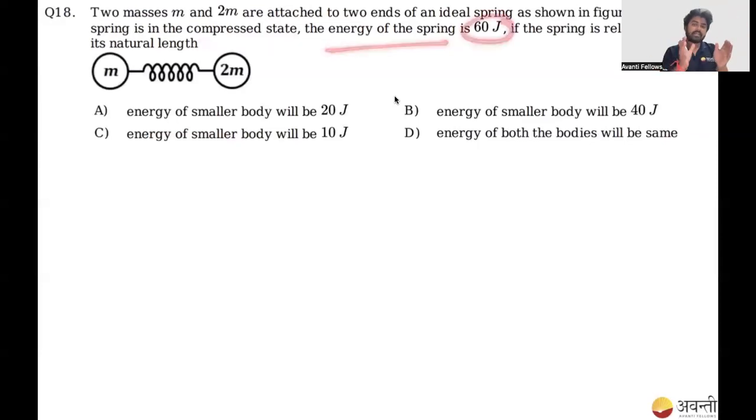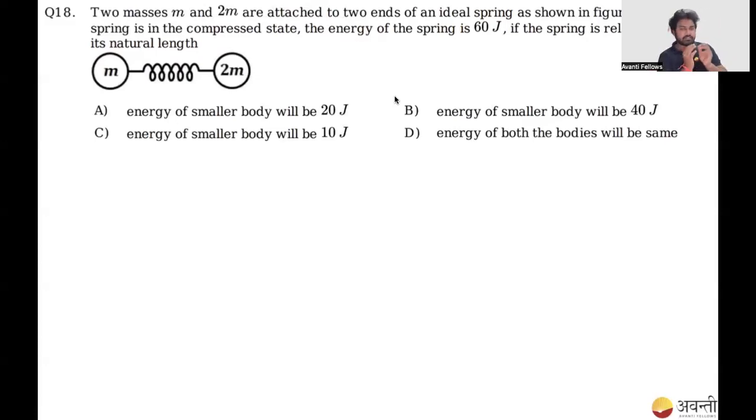So when it is compressed, how much potential energy is stored in it? 60 joules. If the spring is released, then at its natural length, it is asking what will be the conditions or the energies at its natural length. So what can we do here is we can do two things.